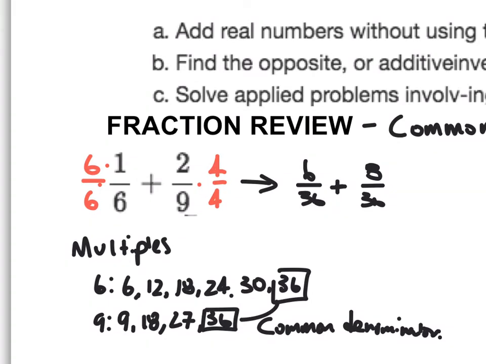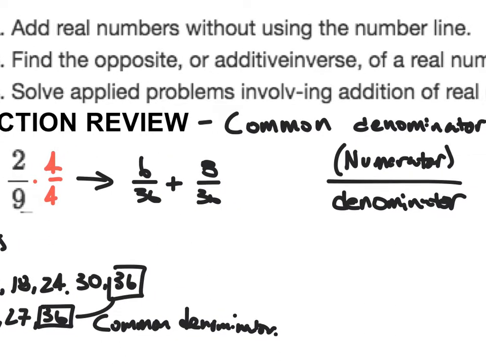When I have a common denominator, I can write 6 plus 8 all over 36. I write those two fractions as one: I keep the same denominator and add the numerators. Then I get 14/36, and that's my answer.